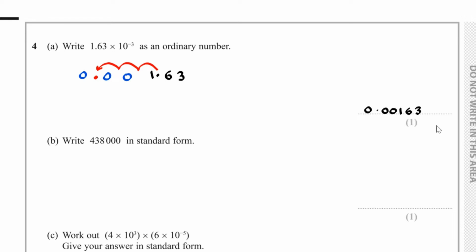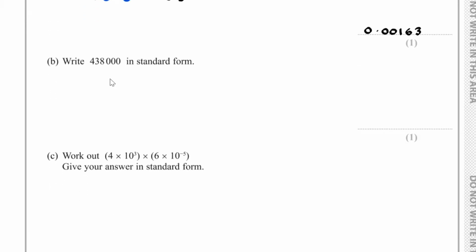So we have 0.00163. Now for part B, we have to write 438,000 in standard form. First of all, for standard form, you will recall that's when a number is written in the form a times 10 to the n, where a is in between 1 and 10, and n is a whole number.